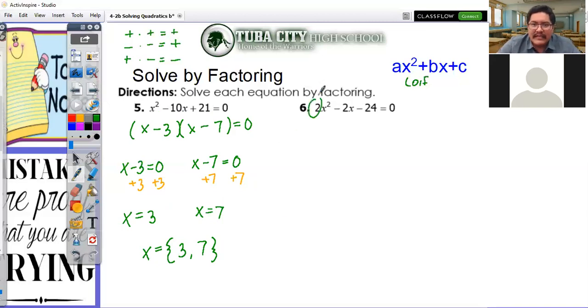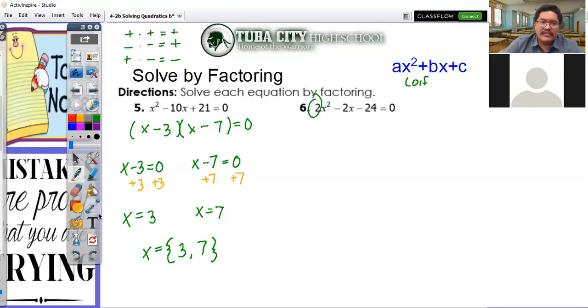So first thing we should look at is, if it's a trinomial, the next thing we should look at is, is there an a value? Which in this case, yes, there is an a value. And in this case, there are two other things you should think about being able to do. If there is an a value other than 1, so in the previous case, this did have an a value, it's just 1.